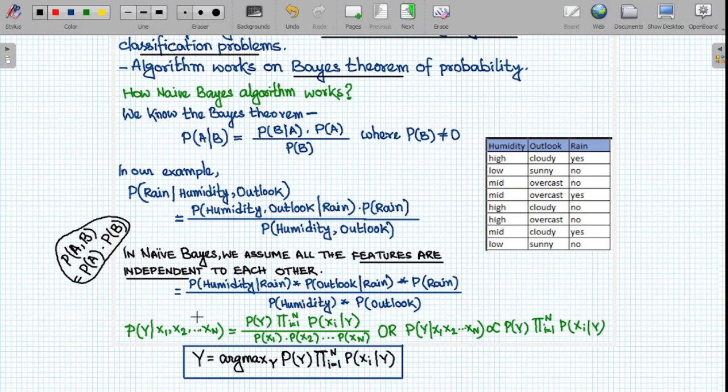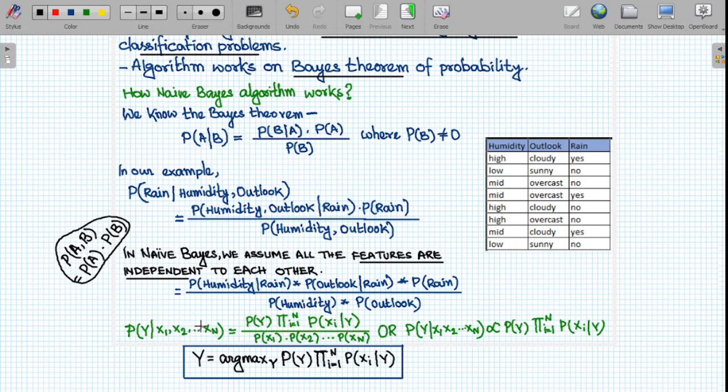Now let's generalize this. In our real life machine learning problem statements, we can have a number of independent columns. Let's assume we have n number of independent columns and a single dependent column. What will happen? We will be evaluating probability of y given x1, x2 till xn.